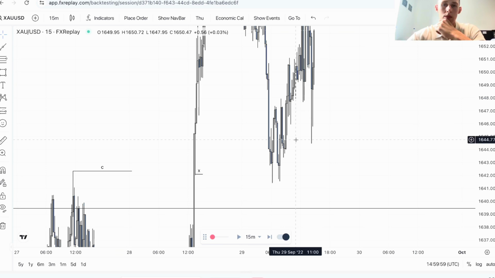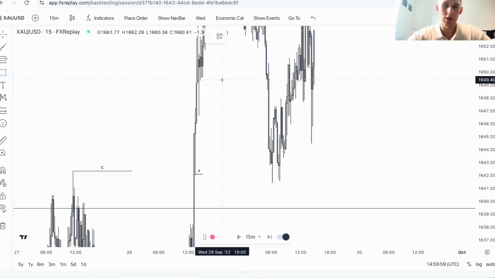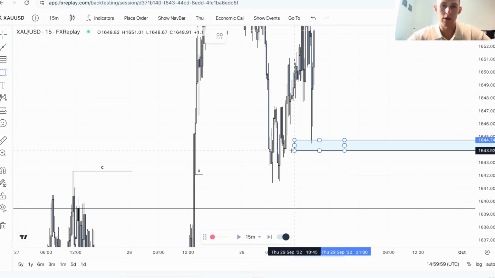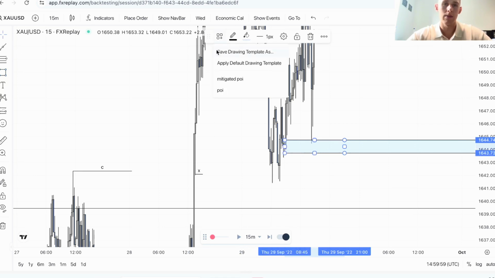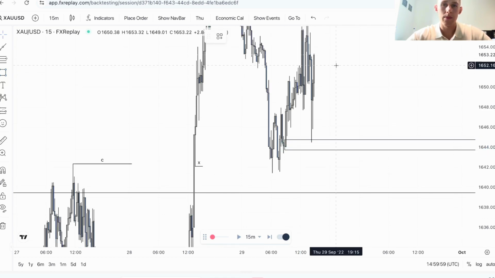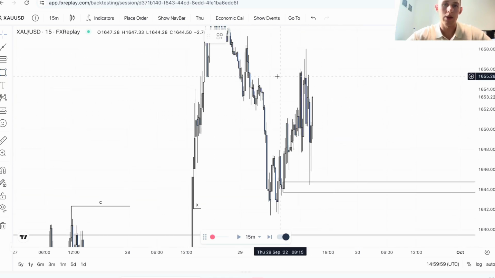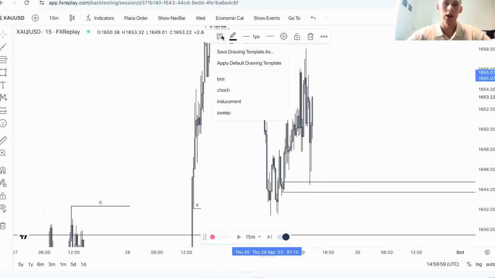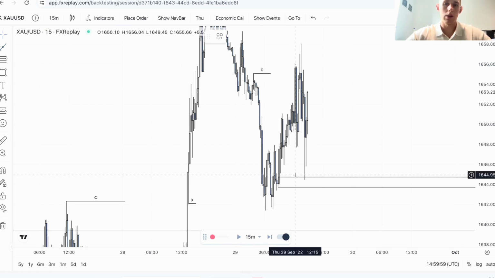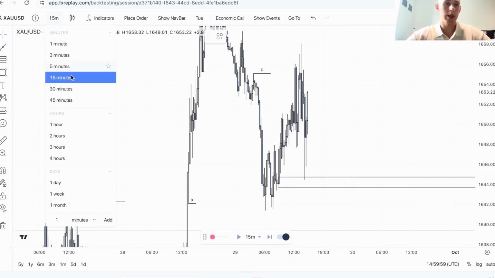So price is reacting from here. You did sort of see this 15-minute change of character as well. Pull back into demand, sweep of all this liquidity.